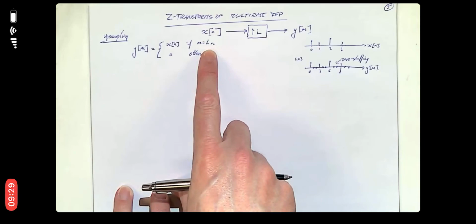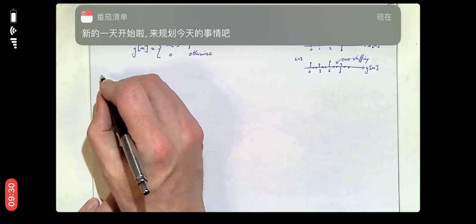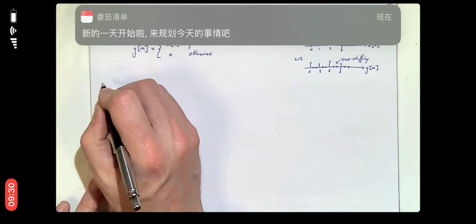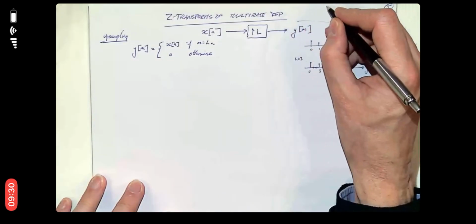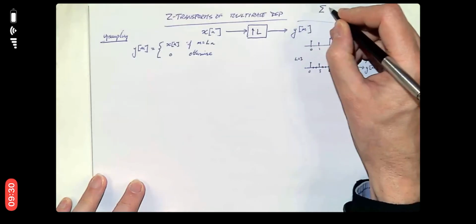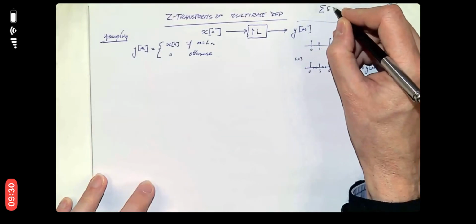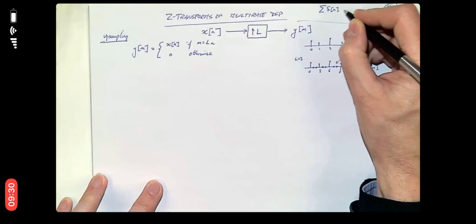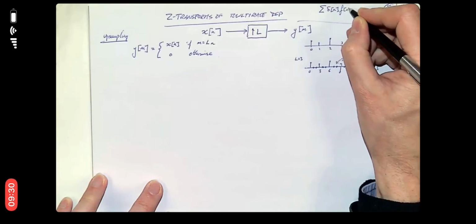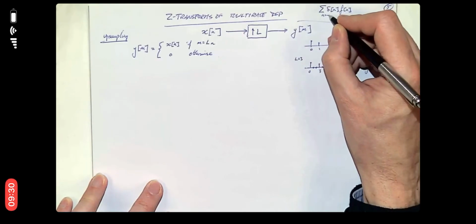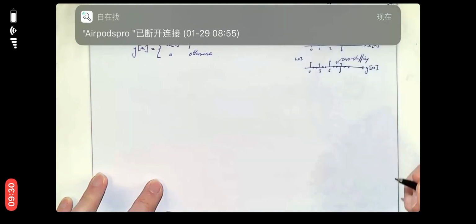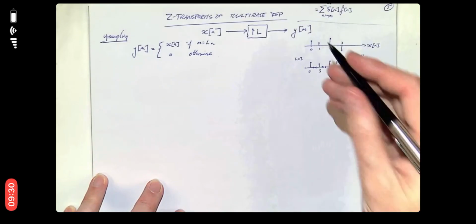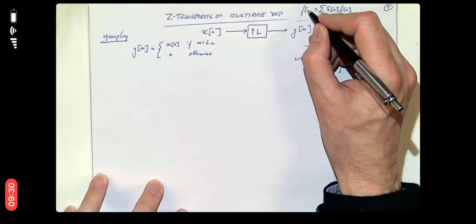If you remember, the sum of delta of n f of n from n equals minus infinity to infinity is equal to, what's that going to be equal to? F of 0, yeah, f of 0.